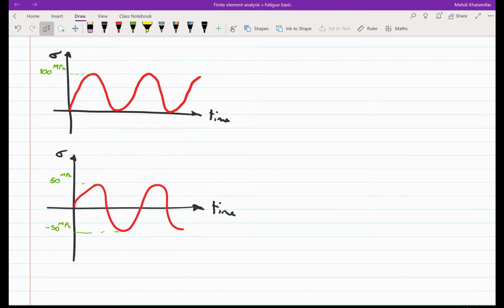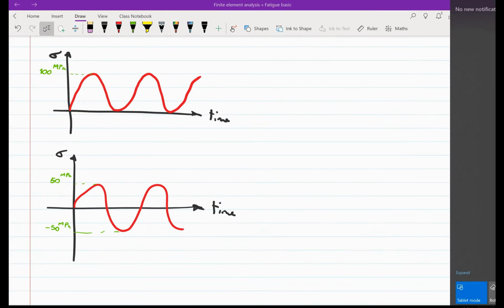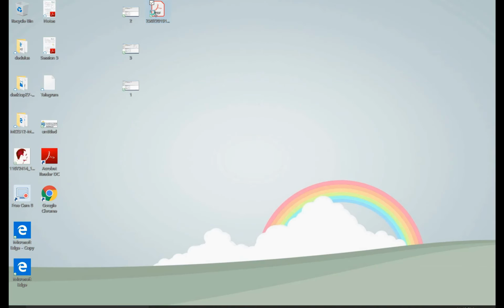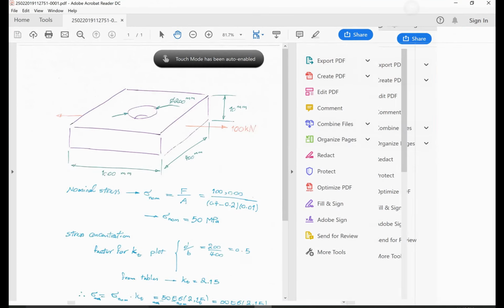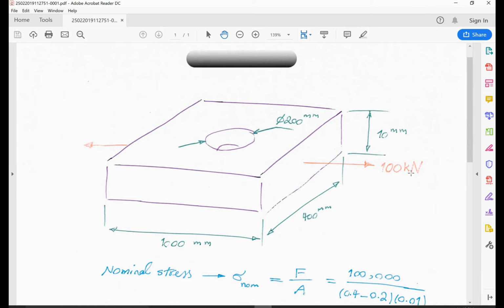Okay, you may ask, what is the geometry? Let me show you the geometry. The geometry is exactly the same geometry we had for the previous workshop. Remember, we cut this geometry to a smaller portion because we saw we have symmetry, and we can take advantage of that symmetry and have less expensive calculations.